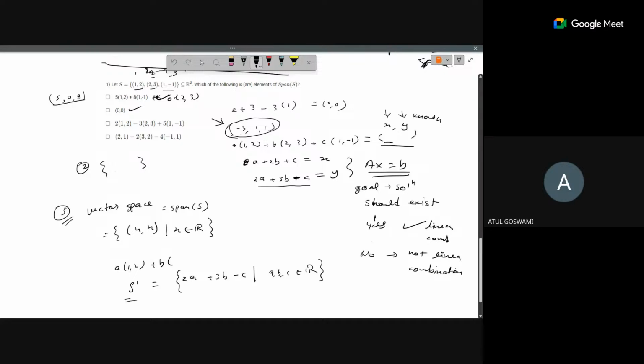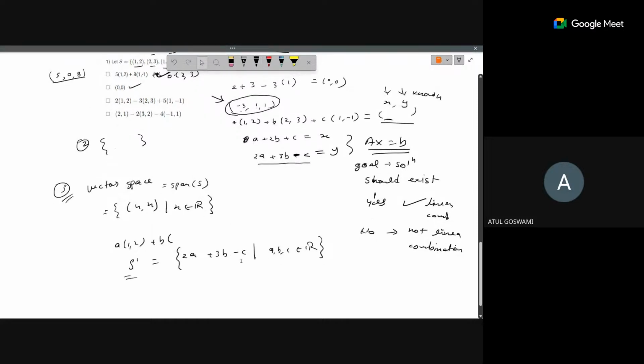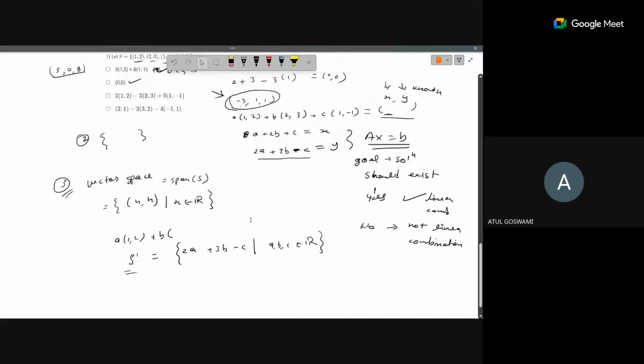This is the spanning set. Now if you give me any point, I will put that point into this equation of a plane and see whether this point lies in the linear combination of this or not.